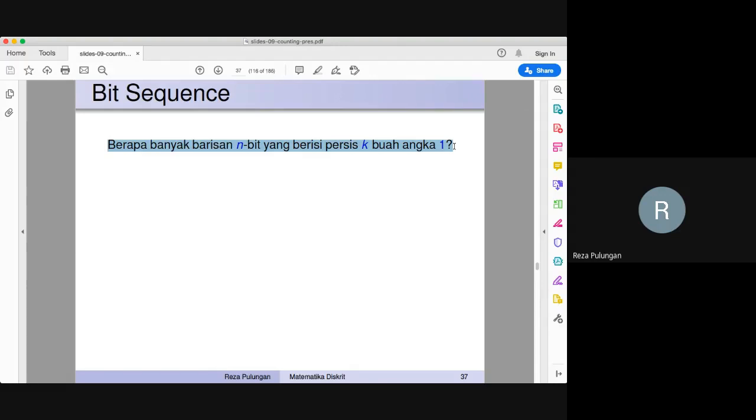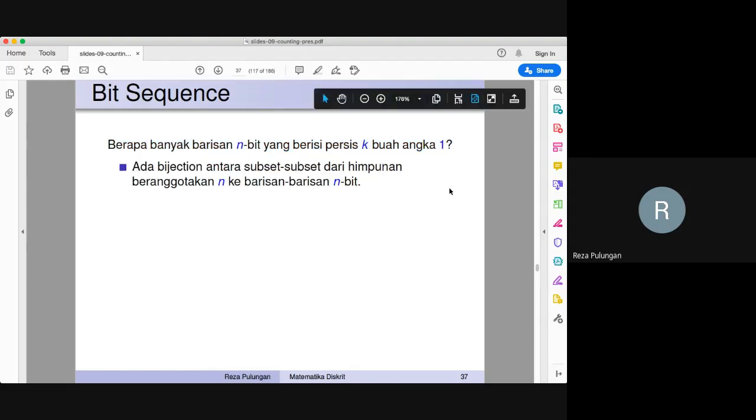So how do we deal with this problem? How many sequences of n bits, how many binary numbers that contain n bits, are there that exactly contain k ones? How do we solve this?